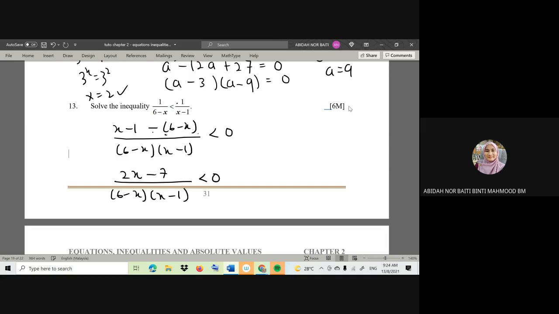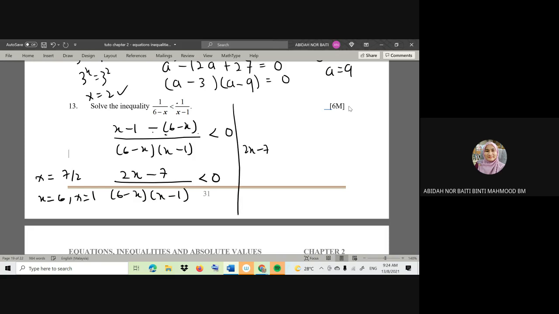So determine your x for numerator. Numerator is 7 over 2. X for denominator is 6 and 1. Okay, so we have 3 linear factors. Then we use table of sign. Okay, kita guna table of sign ya.